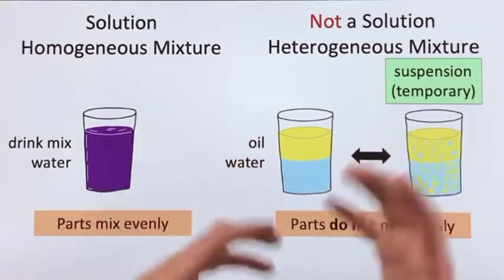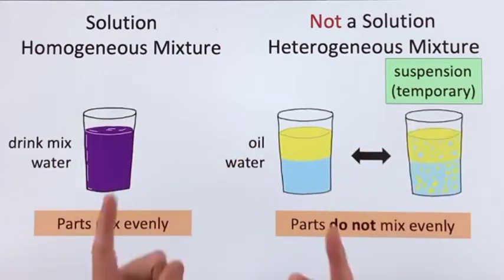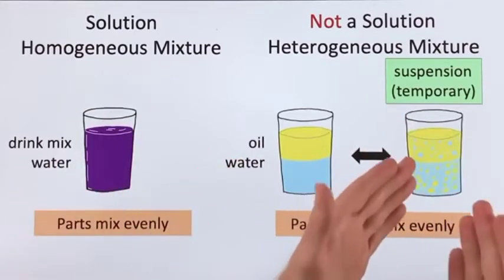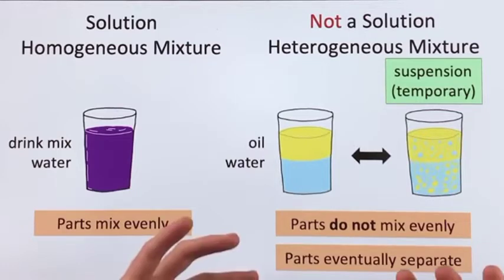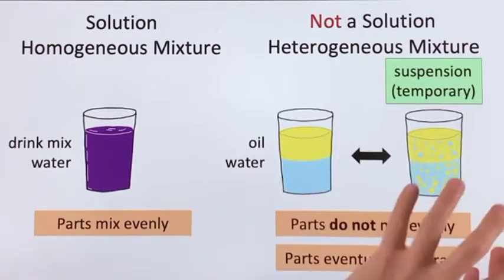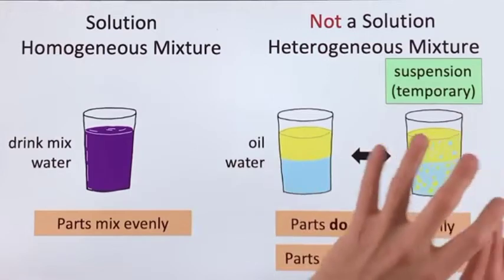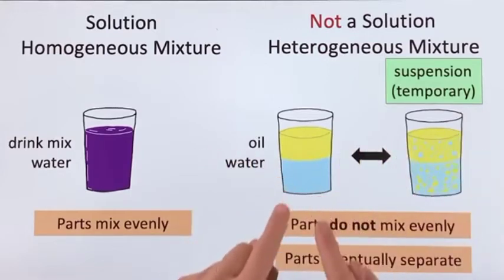Now, if you have a heterogeneous mixture like this, you can stir it up or shake it up, and you can temporarily form what is called a suspension, which looks like this. Everything can all mix up in there together, but that's only temporary.